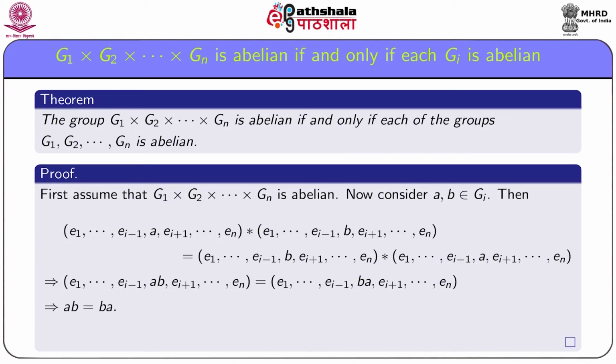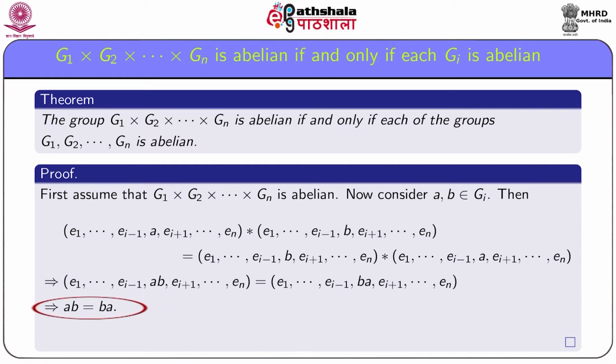Now we show that given n groups G1, G2, up to Gn, their Cartesian product G1 cross G2 cross up to cross Gn is abelian if and only if each Gi is abelian. First, assume that the Cartesian product is abelian. We are to prove that every Gi is abelian. Consider Gi and two arbitrary elements a, b from Gi.